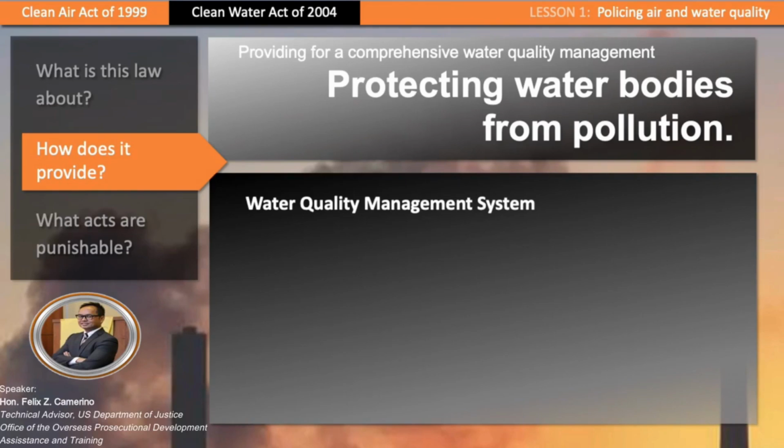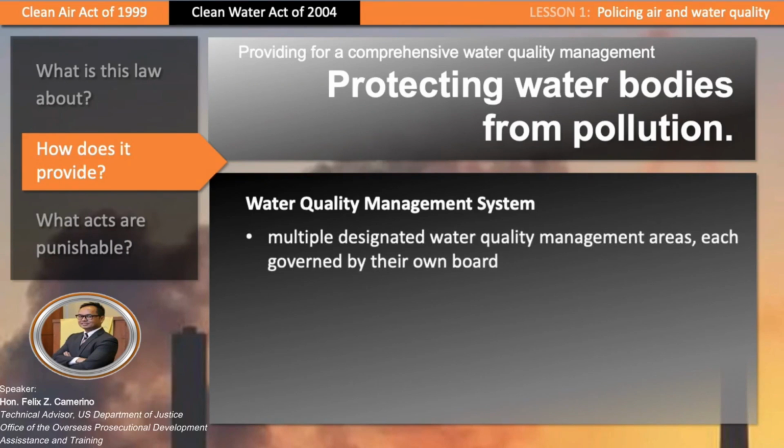But first of all, let's take a look at some of the bullet points worthwhile mentioning about the water quality management system. First, it refers to management areas. This is really the scope of this water quality management system.